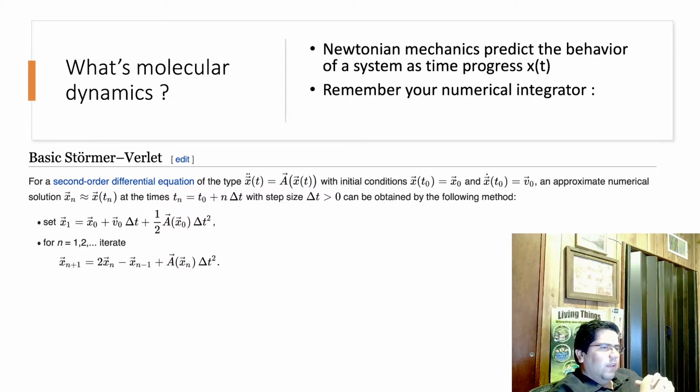Okay, and then how we can find the position. You can find the position now, that will be x1, because the new position is equal to the initial position plus the velocity, your initial velocity, and you had to multiply the initial velocity times the time step plus half the acceleration.